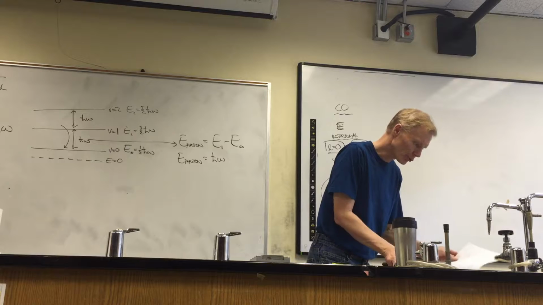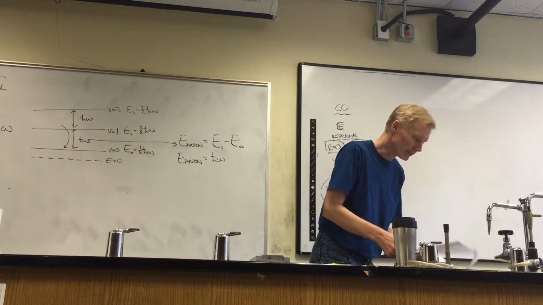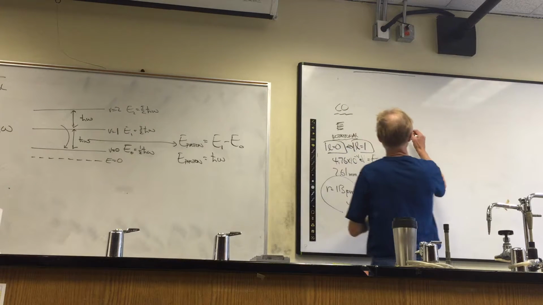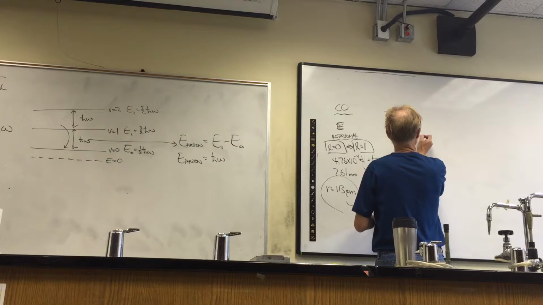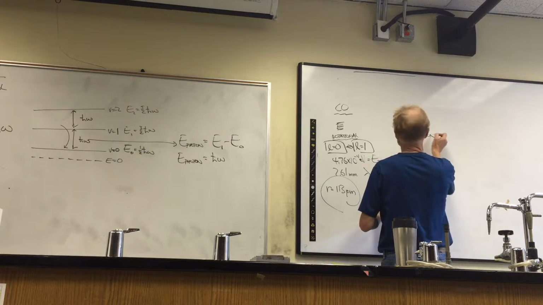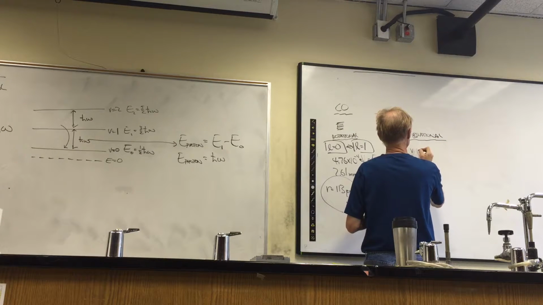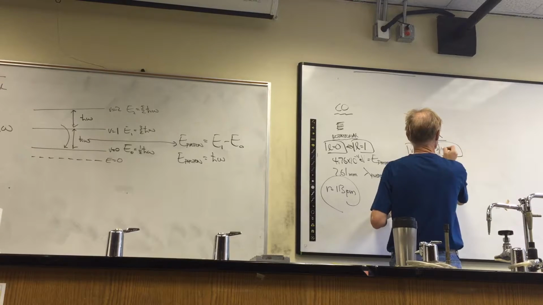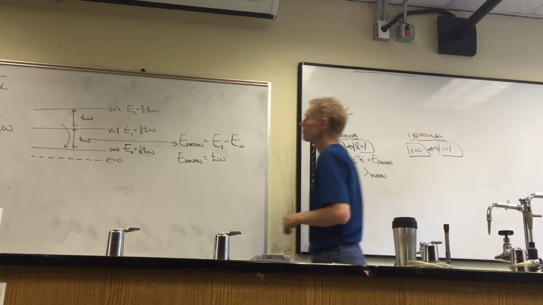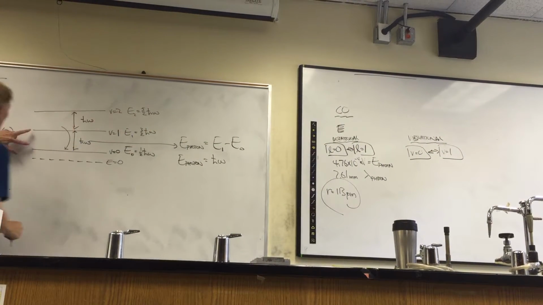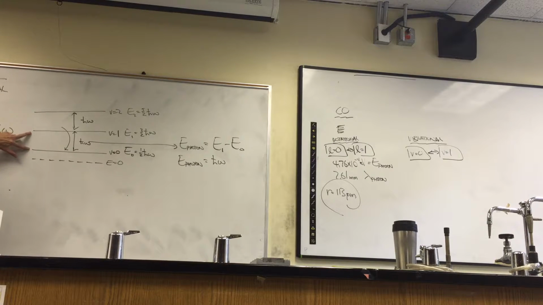Here are some numbers on carbon monoxide. People went in and looked at vibrational states. And they looked at the transition between V equals 0 and V equals 1. Okay, so if I look at the photons between 0 and 1, how's that going to be different from looking between 1 and 2?